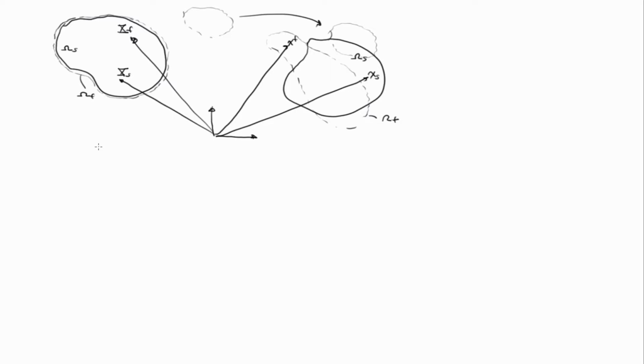You're always going to have an invertible trajectory of the solid, okay? So what we're going to do is we're going to define the problem. So the problem is formulated on the trajectory of the solid.